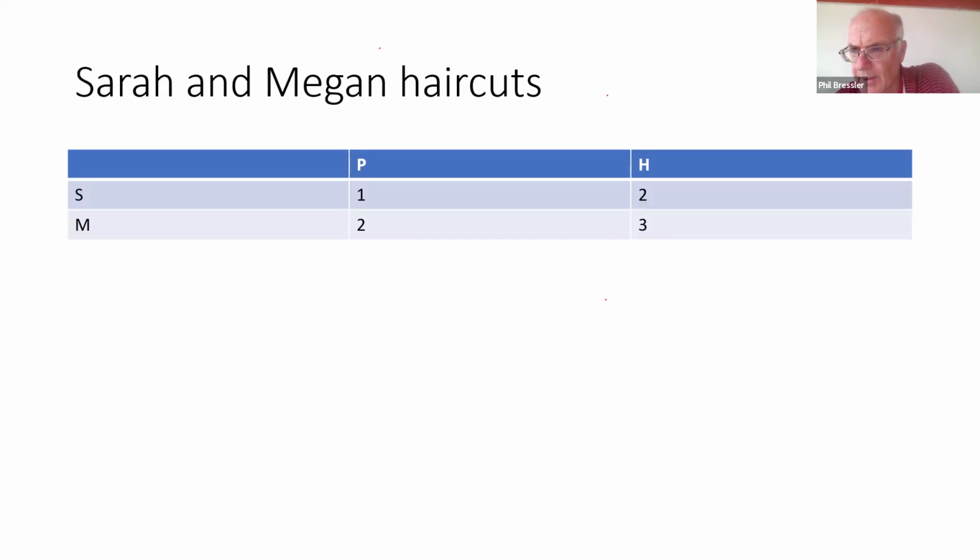I got one output, I got an input, I got an output. Okay, it's going to be an output because we're measuring how many haircuts. So therefore, for the absolute advantage, we're looking for the biggest number. So Sarah, 2-1, has the absolute advantage in perms, and Megan, 3-2, has the absolute advantage in haircuts.